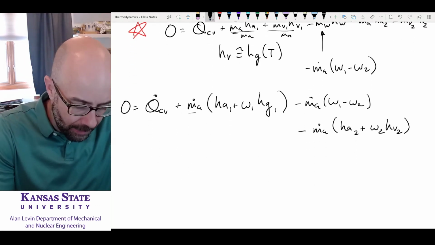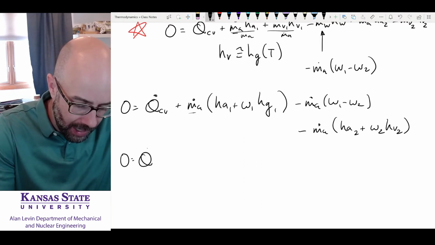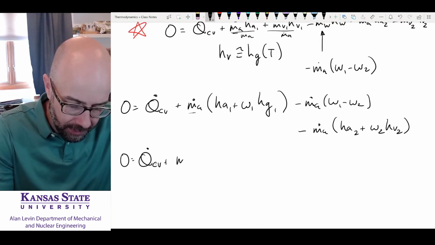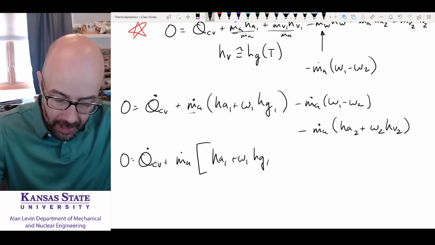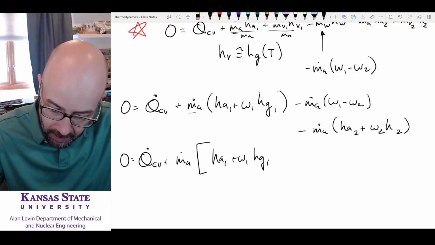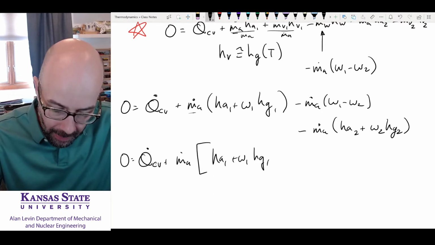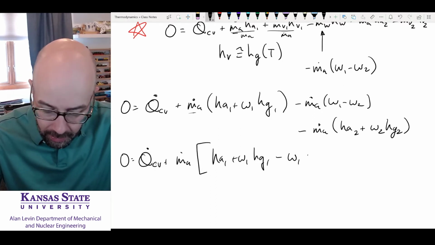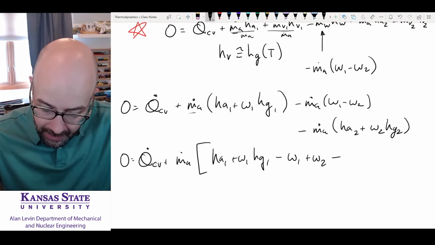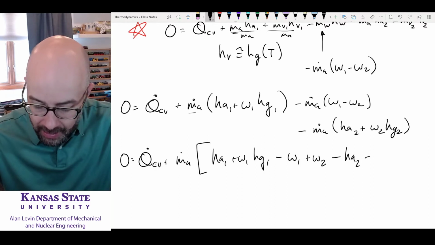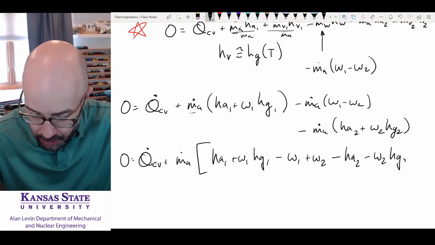So really I'm going to have 0 is equal to Q dot control volume plus the mass flow rate of air times this whole thing, HA1 plus omega 1 HG1. And I wrote this as B, I should have written this as G, minus omega 1 plus omega 2, HA2 minus omega 2 HG2.